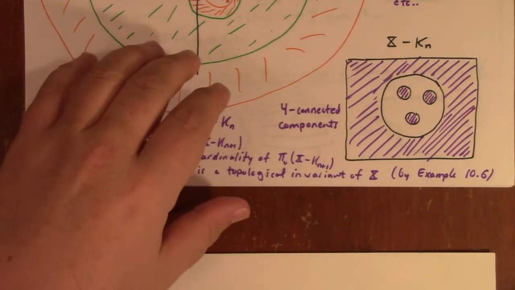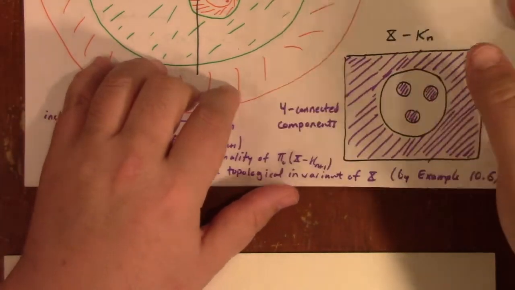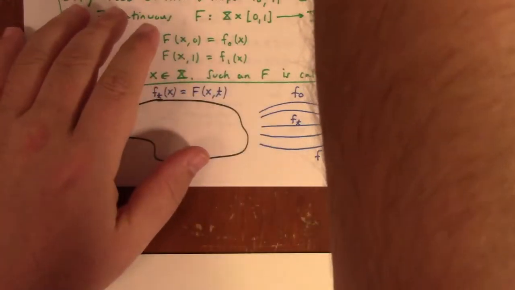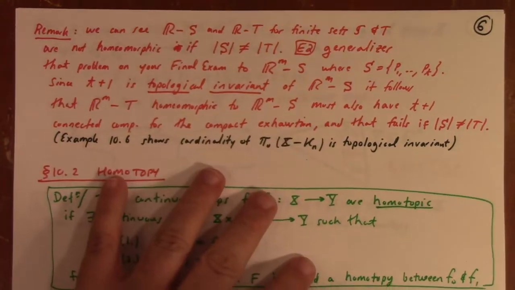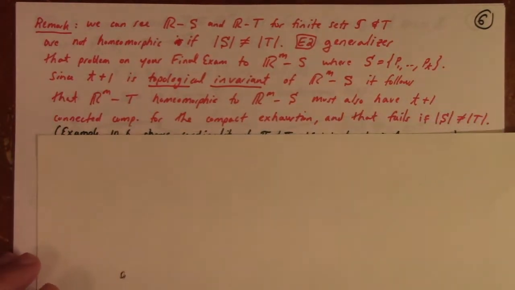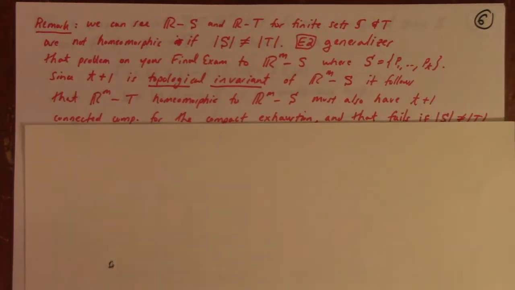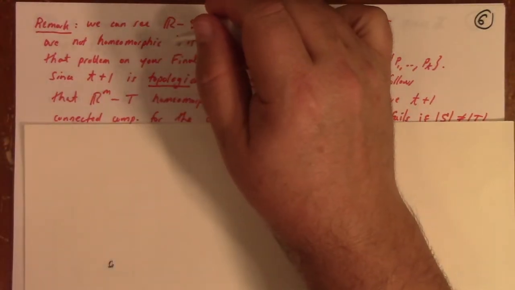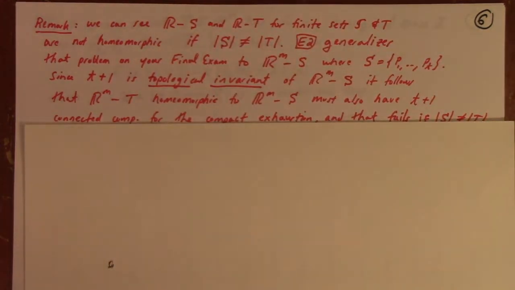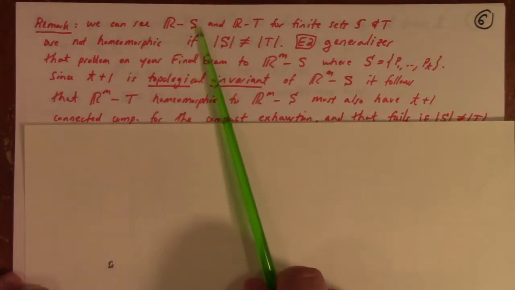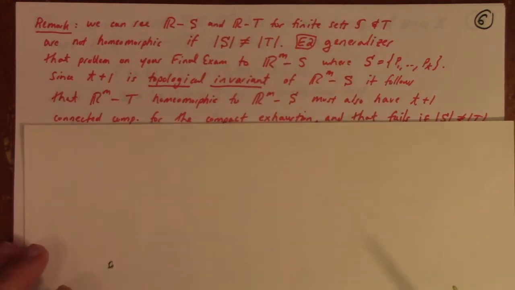So why is this interesting? Maybe I'll explain on the next page. If we look at just the real numbers and we complement by a set S and a set T, and the sets S and T are not homeomorphic, if the orders of the sets are not equal, then we get a different number of connected components for the reals complemented by S or T. That's essentially a problem in your final.